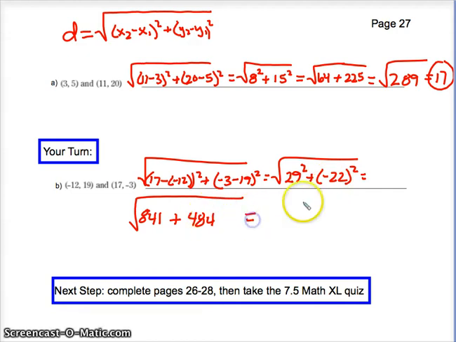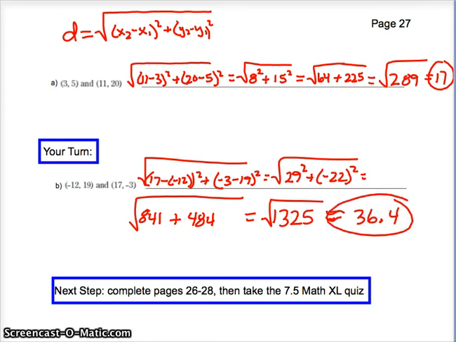That's a common mistake. Let's keep going. We've got to do now 841 plus 484. We get the square root of 1,325. Go ahead and take the square root there, and we'll say it's about 36.4.